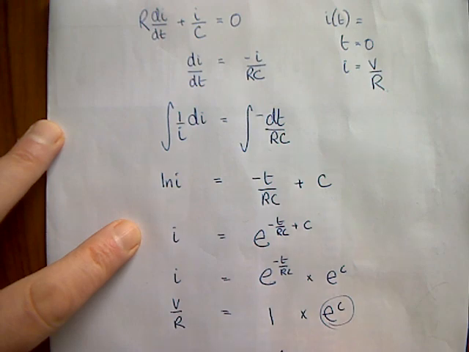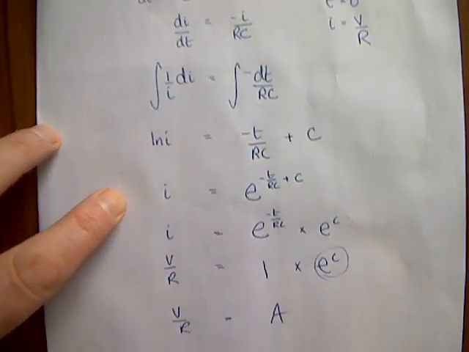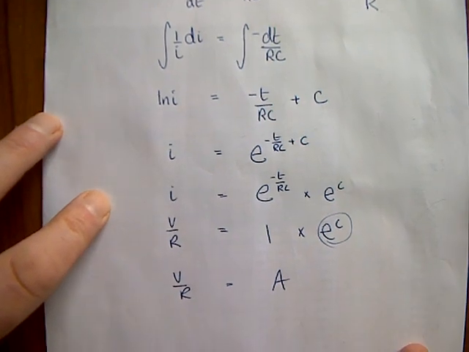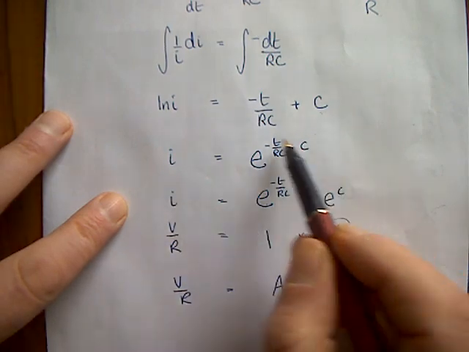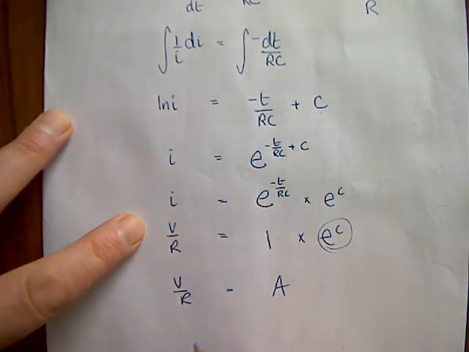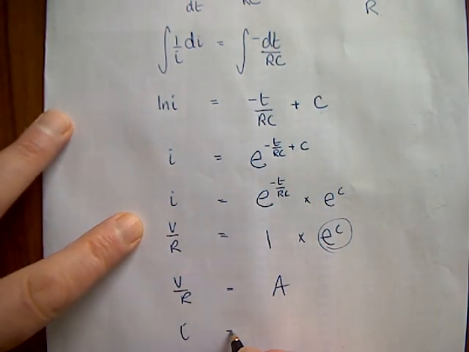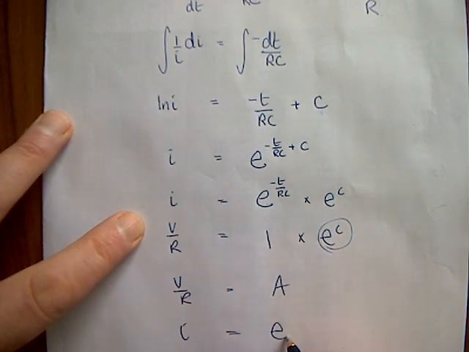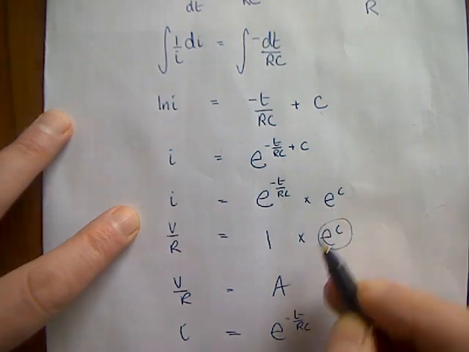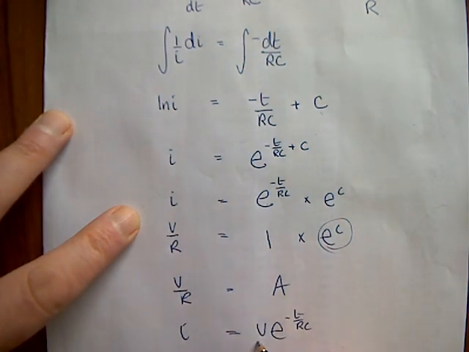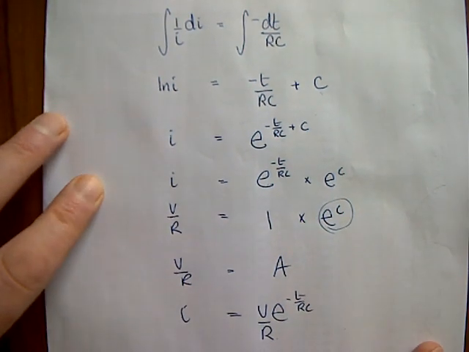So I'm just going to change that for an A equals V over R. So now I know what the equation is here. Therefore I equals e to the minus t over RC times by V over R. I'm just going to put the V over R there.